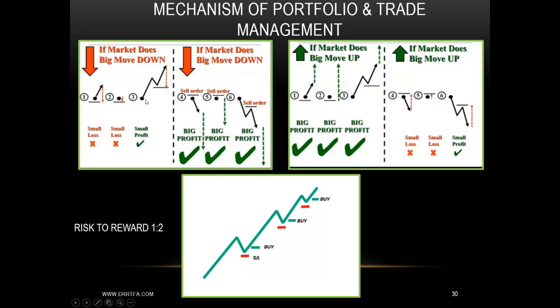But in the third case, if it moves up as you anticipated and then retraces a bit, you put your stop loss just at the retracement and then it goes up. From there, it suddenly makes a big move down, but you have your stop loss in place. So eventually you have a small profit.